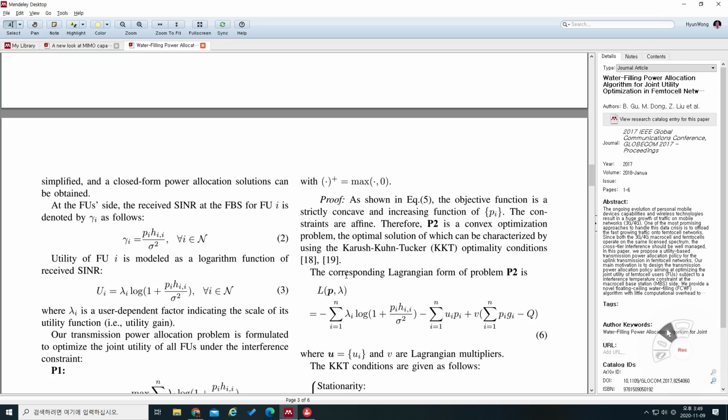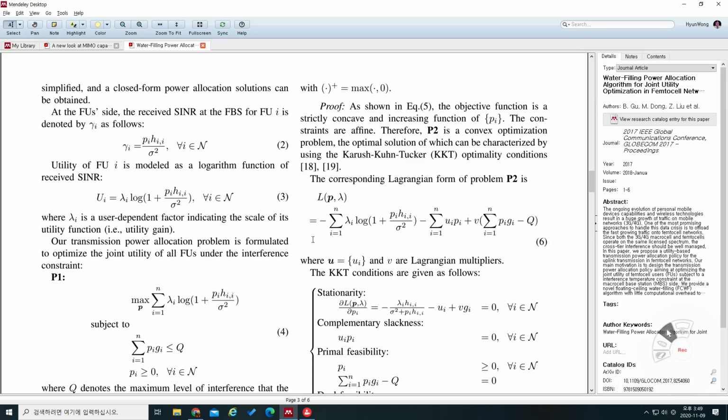The corresponding Lagrangian form of problem P2 is like this, where mu, mu_i, and v are Lagrangian multipliers. The KKT conditions are given as follows.